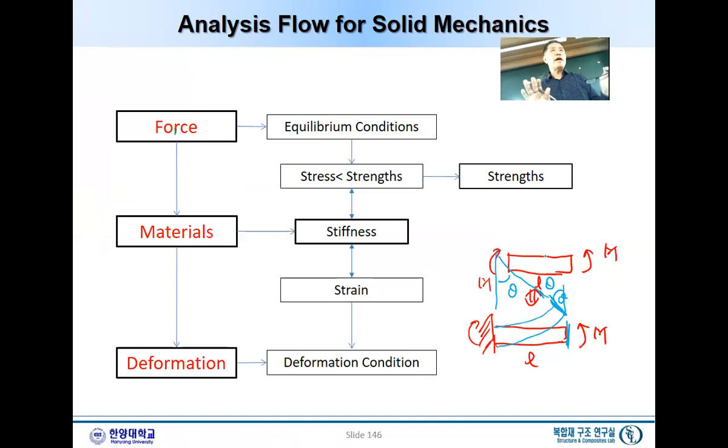So in chapter 10, our concern is that when we apply a bending moment, how much it rotates. This rotation or that rotation is the same one. So to study what's going on in this beam, we have to consider equilibrium, stress-strain, and the deformation condition.